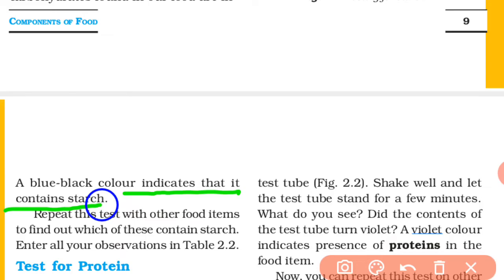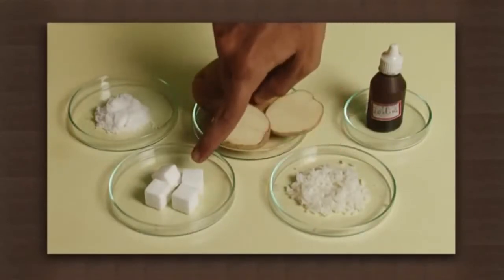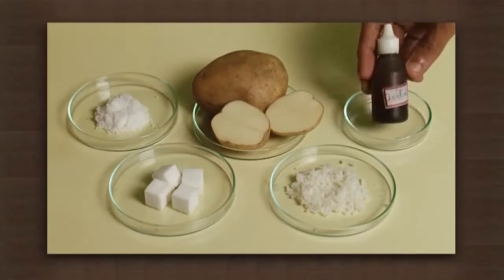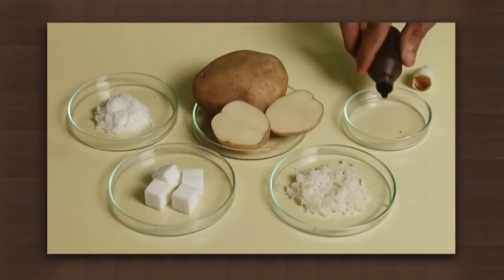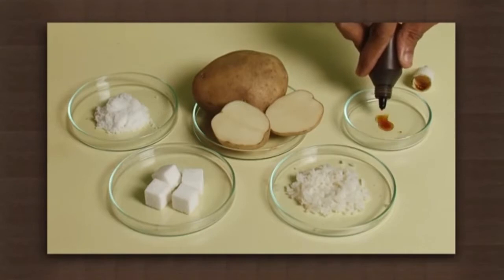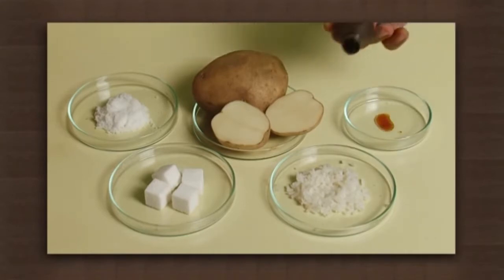Now let us see a video. Today we will conduct an experiment to test the presence of starch in potato, rice, sugar and salt. For this, we will need iodine solution, which is yellow-brown in color. Note the change in the color of iodine as it is put on the rice and potato.